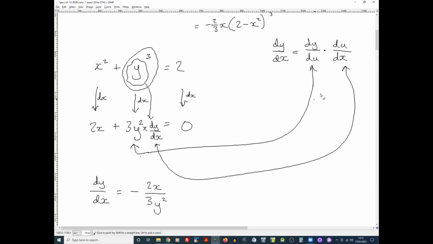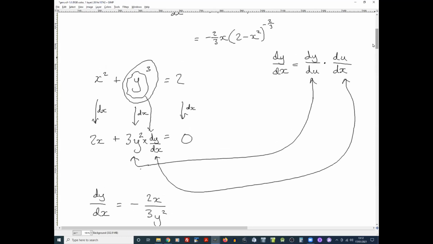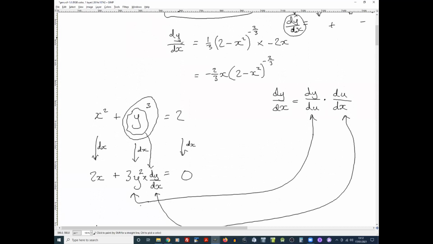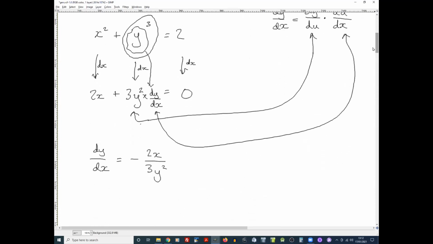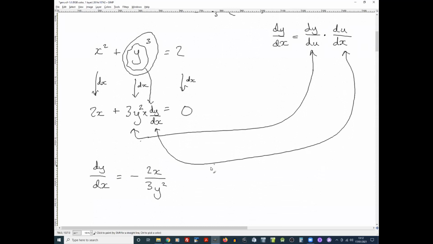So we've got a different result doing it this way. Earlier on, we got dy dx equals minus 2/3 x of all that stuff. Now we've got something looking very different. Although, by the way, we can make it look a bit more similar, couldn't we, by saying it's minus 2/3 of stuff?